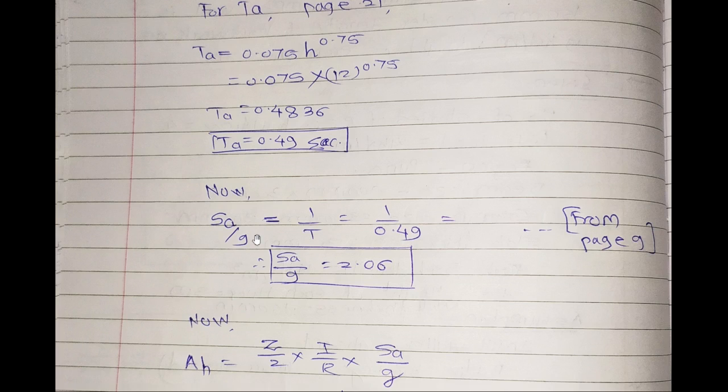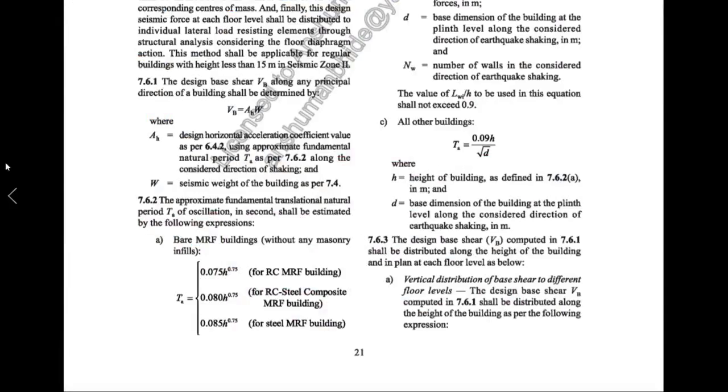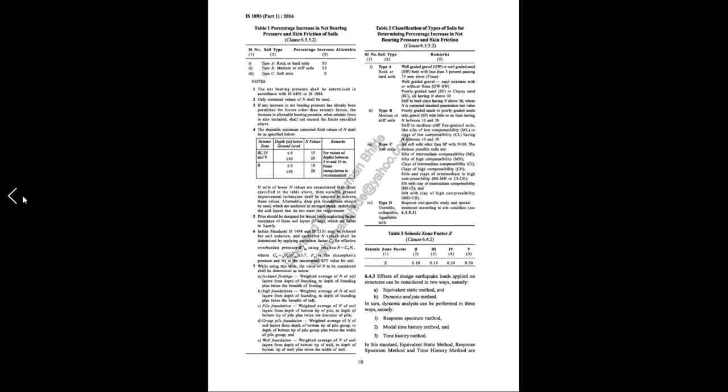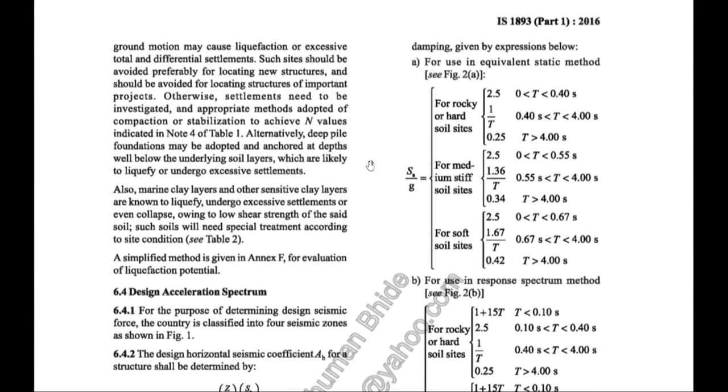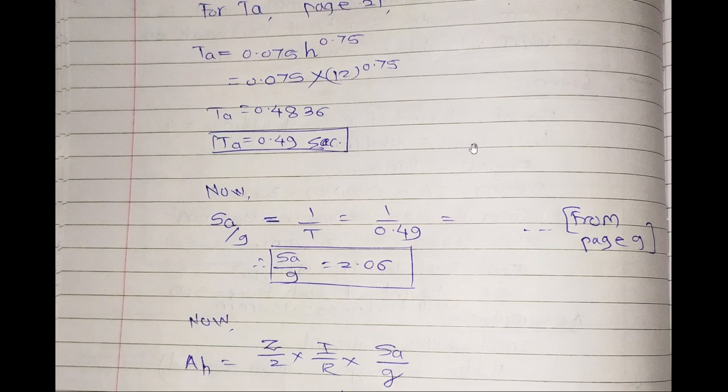For SA by G, according to page number 9. First of all, let's see what is page number 9. This is page number 9. And for calculation of SA by G, we are using hard soil condition. In this section, we just have to check for hard soil condition. Our TA is 0.49.